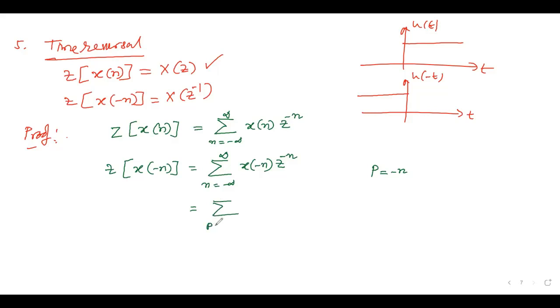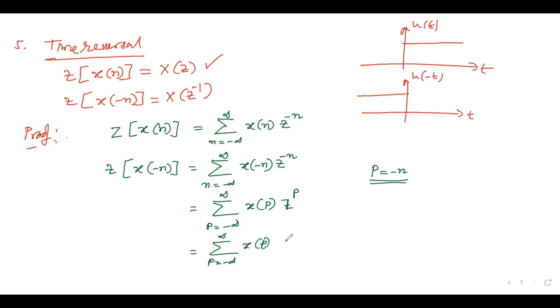It will be p from minus infinity to plus infinity, this becomes x[p], and this will be z to the power p, because n equal to minus p. That means we can write this as the sum over p from minus infinity to plus infinity of x[p].